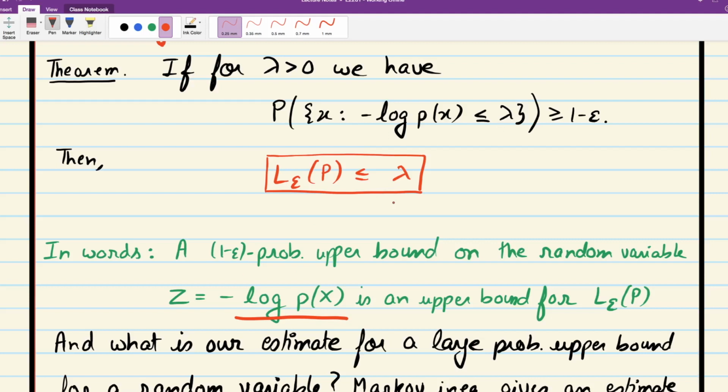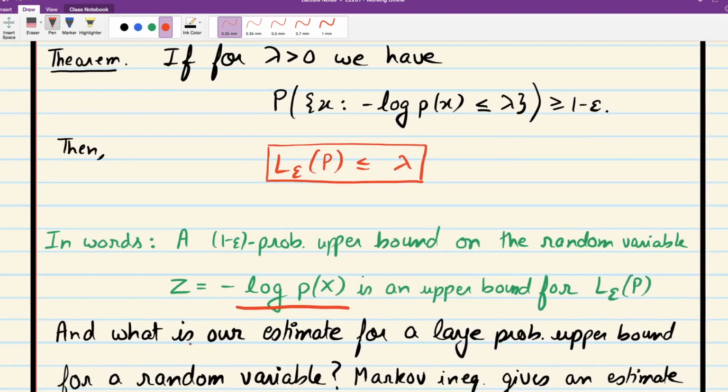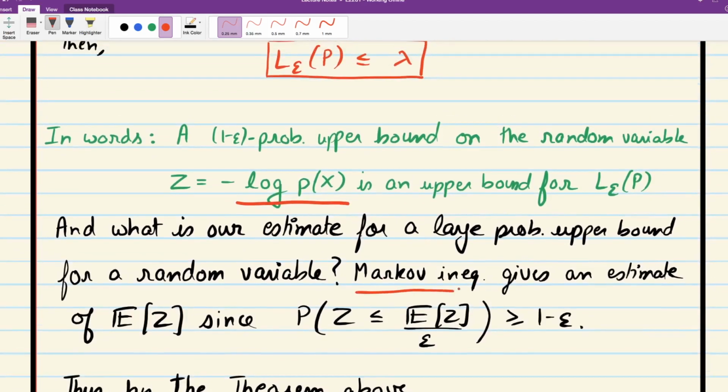Okay. So now, can we give a more concrete upper bound? For that we need a large probability upper bound on this random variable. Now, what is a good estimate for large probability upper bounds on a random variable? That's where we just saw Markov inequality, right? So Markov inequality gives a nice upper bound like that.